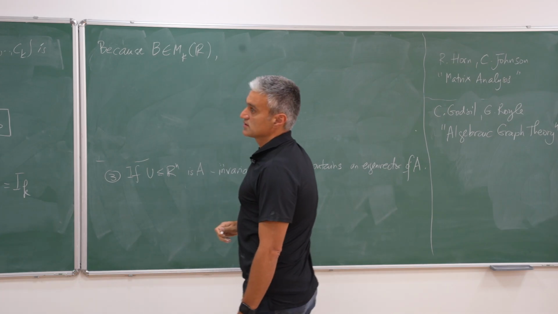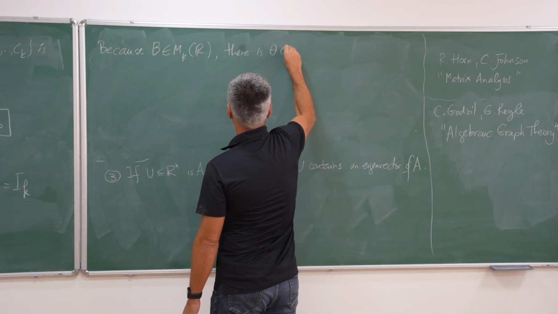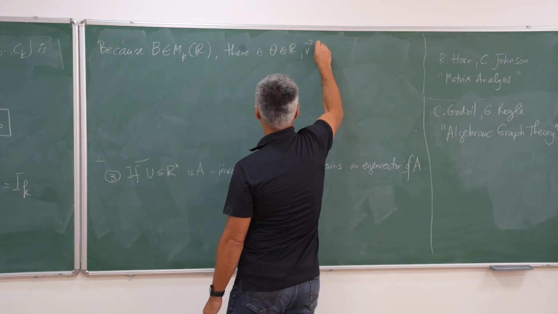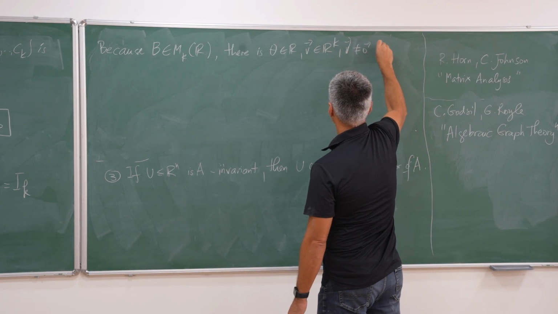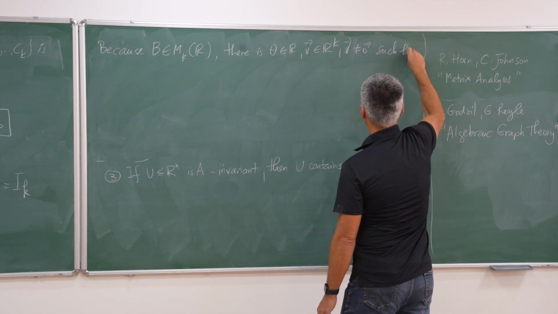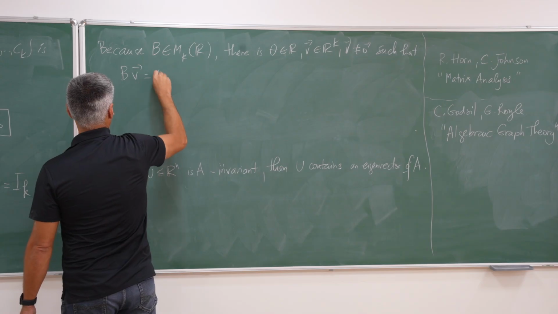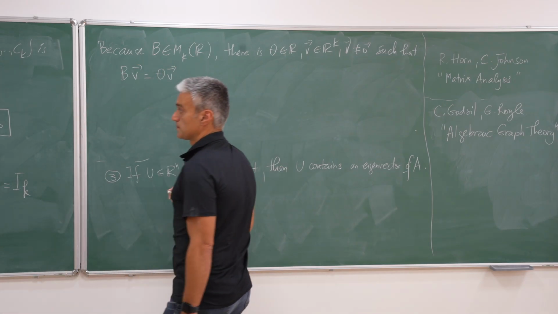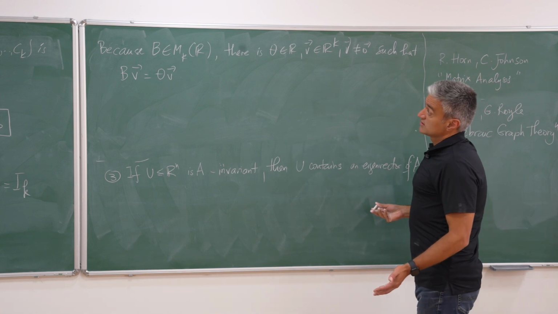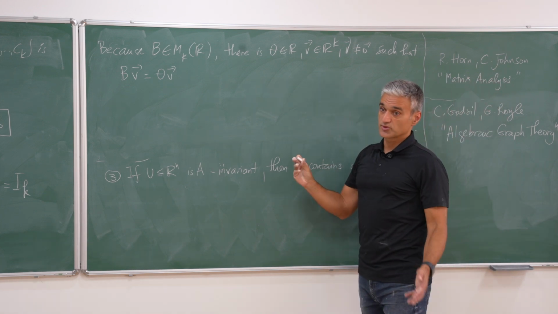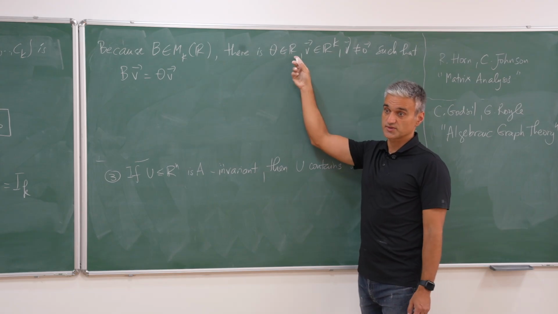So because B is in here, there is, let's say, theta in R and let's say V in R^K, V not 0, such that B times V equals theta times V. So B is a square matrix and it's real, so by the stuff I bored you with at the beginning of the lecture, there is a real eigenvalue, real eigenvector, so that happens.